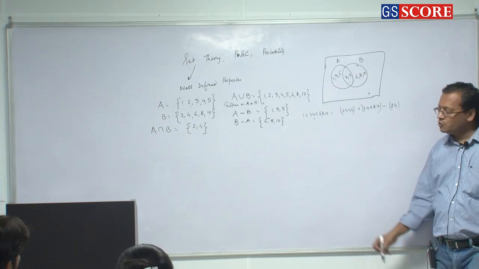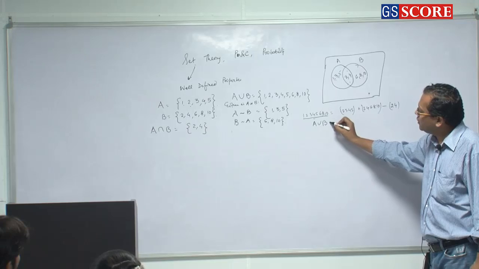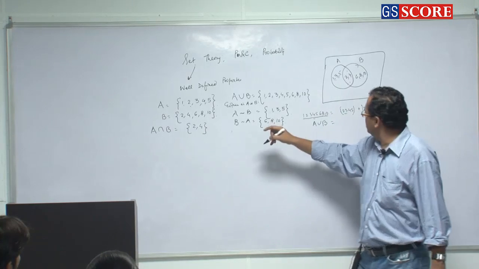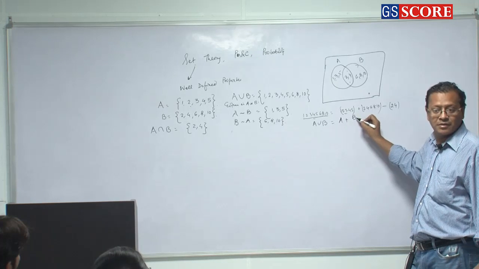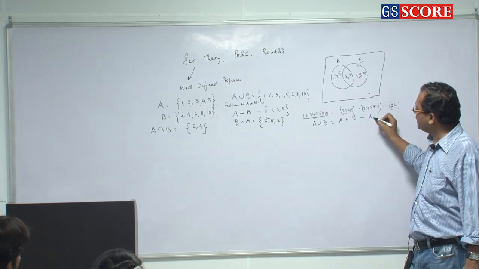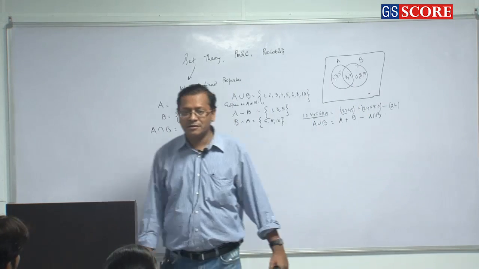Right? So we can say this is what? A union B is equal to A plus B minus A intersection B. Can we say this? ठीक है?